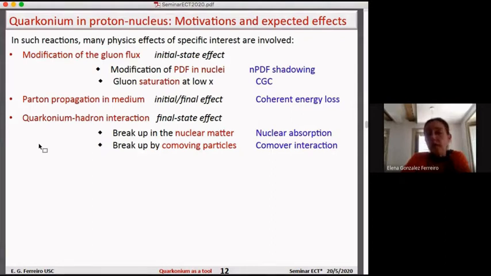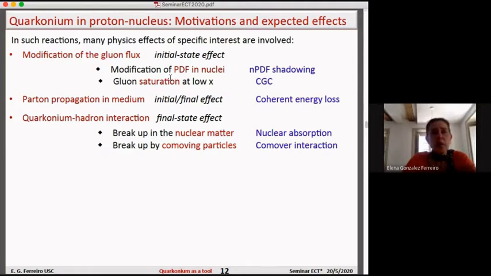We know very well that the parton distribution functions of nucleons in the nuclei don't behave as the simple addition of different nucleons. This is usually called the nuclear PDF shadowing. Another approach to explain this modification of the gluon flux comes from the gluon saturation model, particularly the color glass condensate. This corresponds to initial state effects that should be taken into account if you are studying quarkonium.